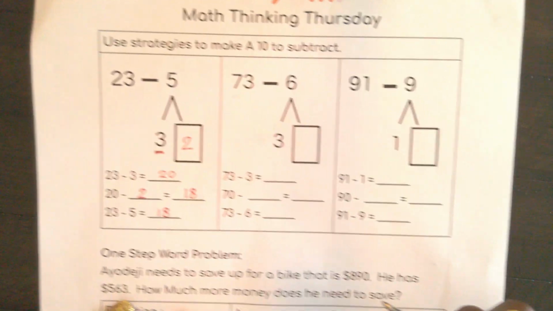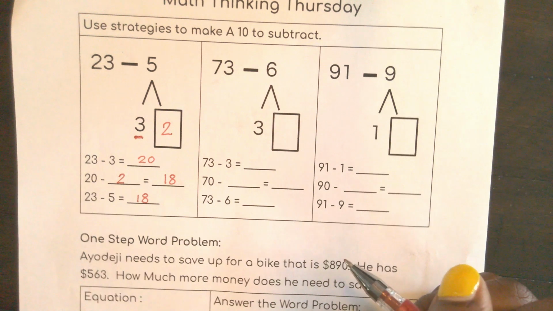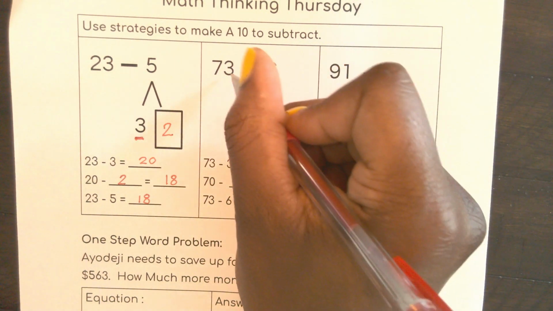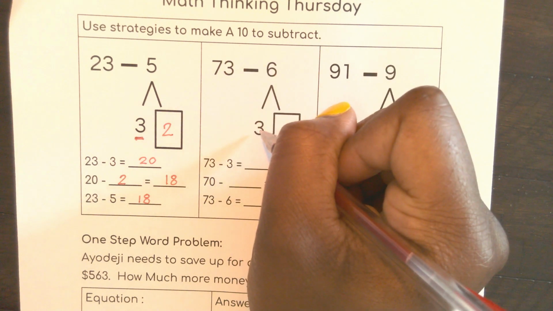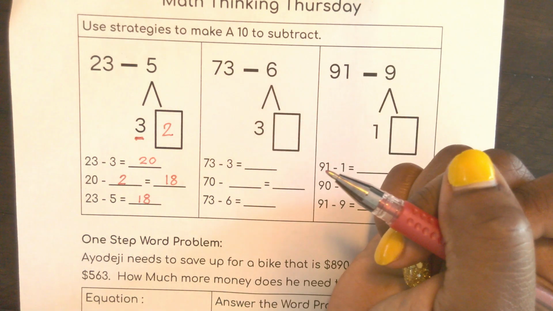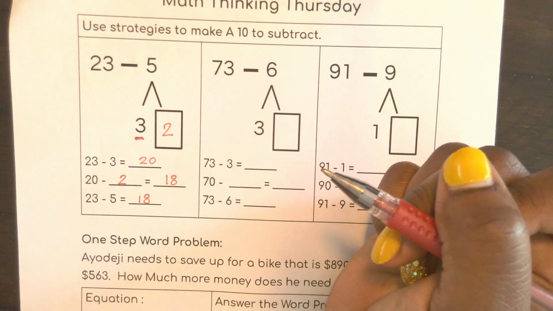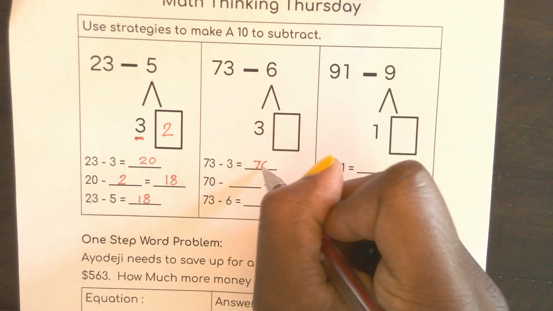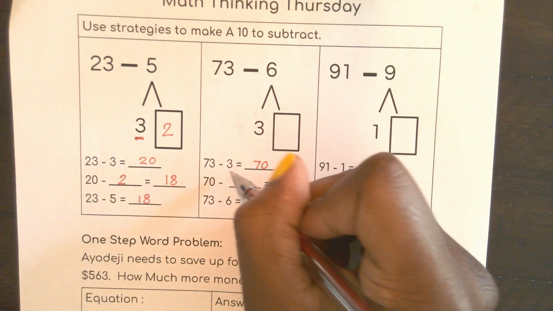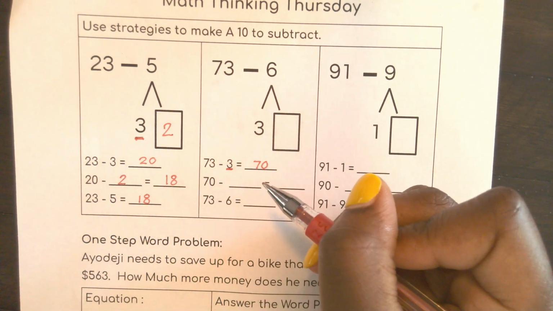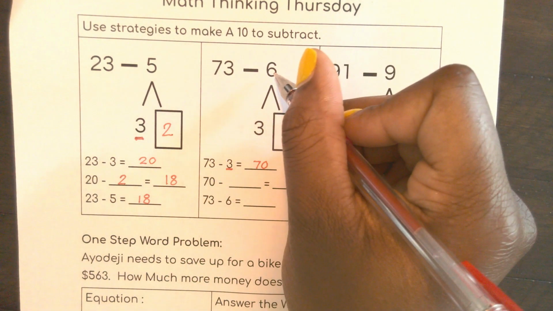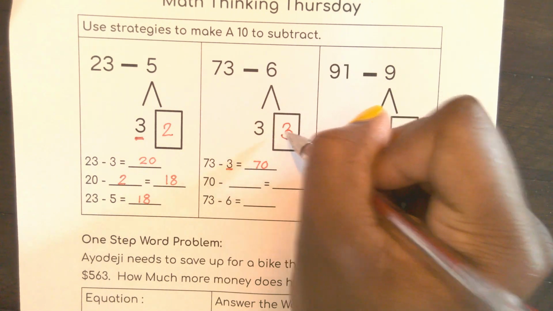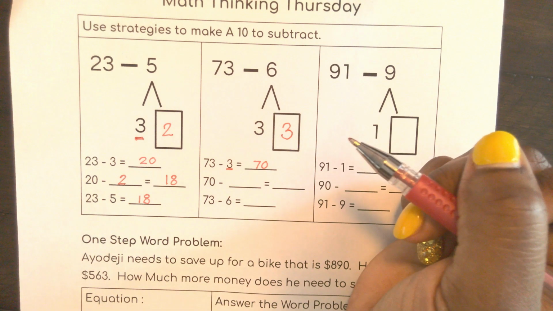Let's try over here with 73. 73 minus 6. I can subtract 3, and that will give me a 10. What 10 would that give me? 70. So here I've already subtracted 3 from the 6. I need to subtract 3 more from this 6.